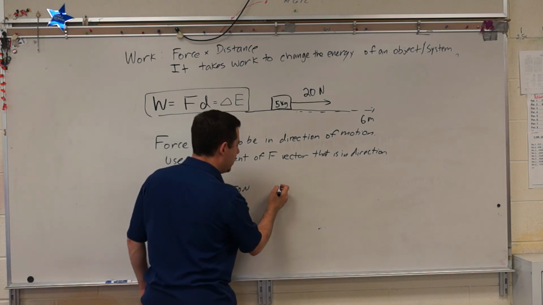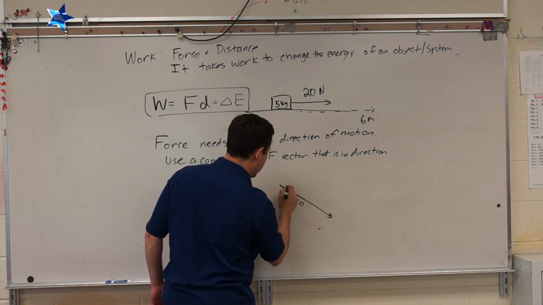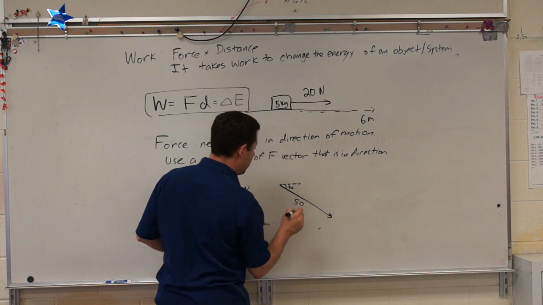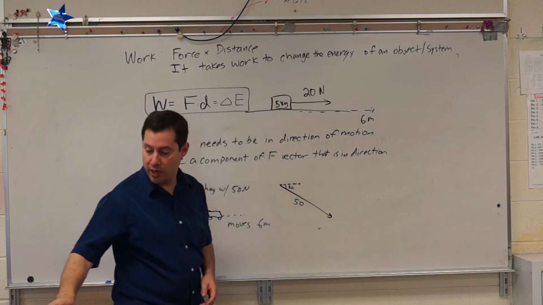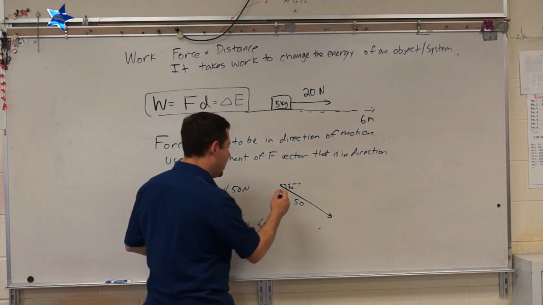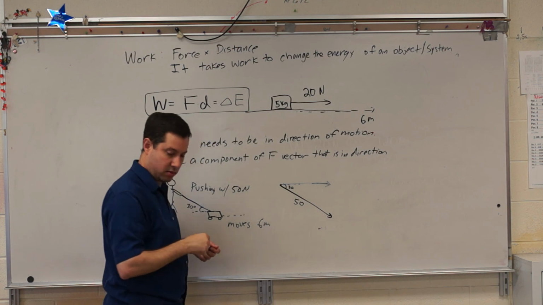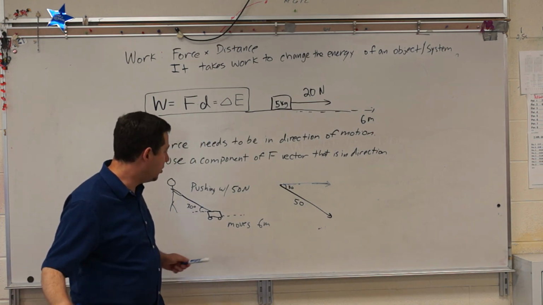So imagine this is your force vector here, representing 50, and this angle here is 30 degrees. You're looking for the component that is represented by this side right here.